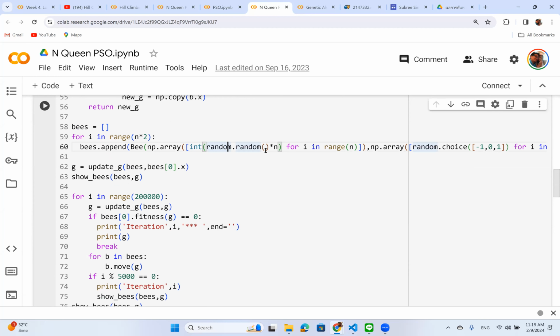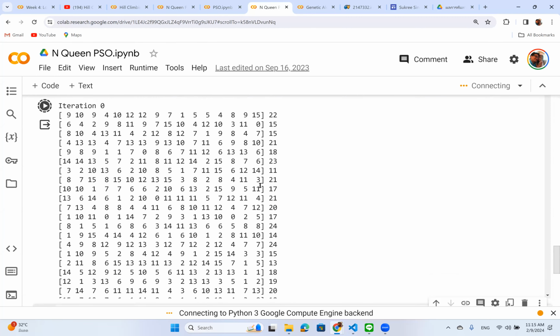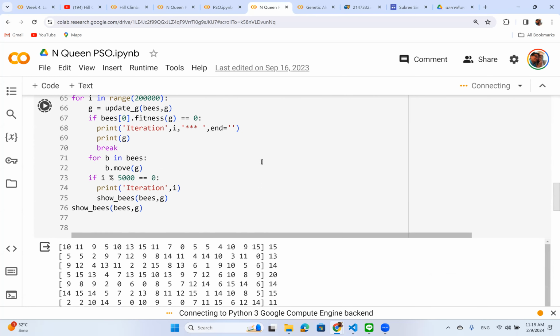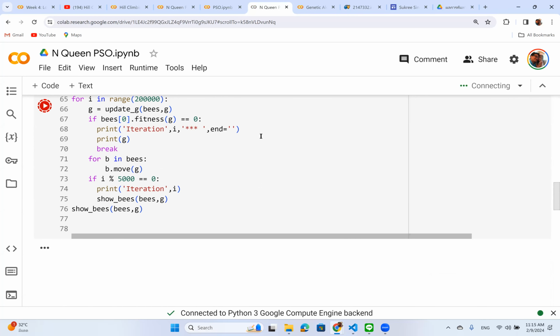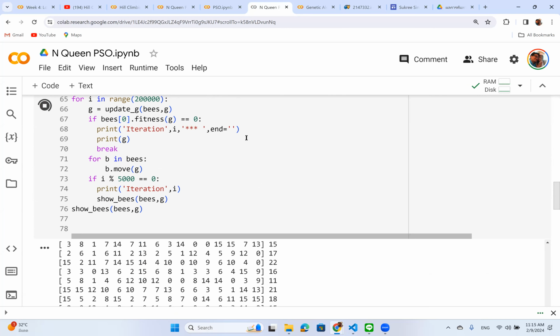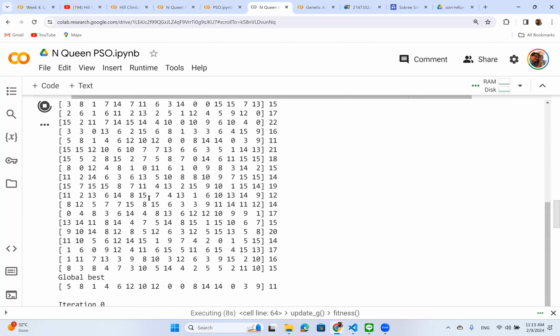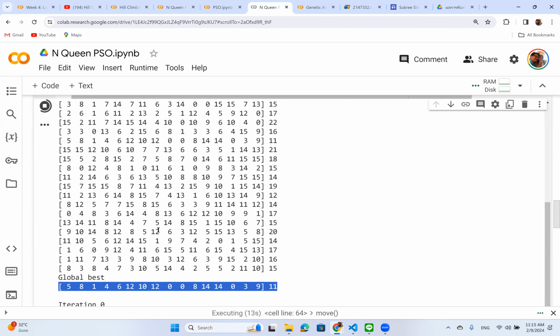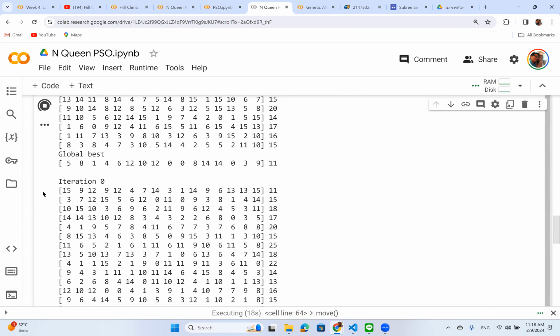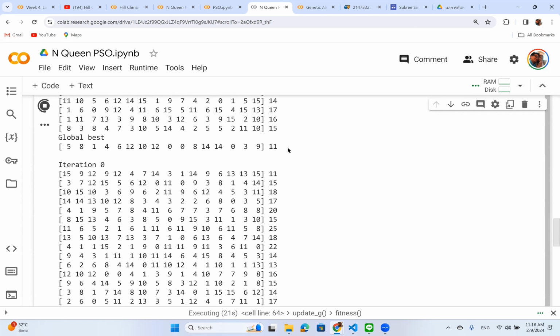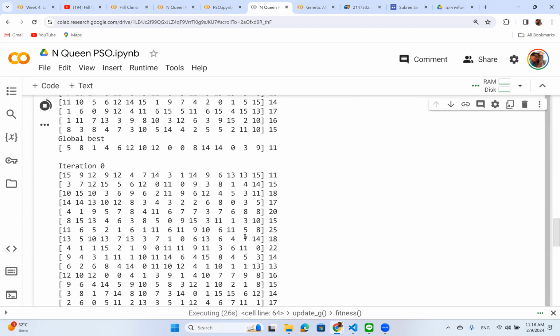Look at this. I didn't write the code to show on the screen because it's quite difficult to show 16 dimensions, right? I just print the global base on the screen. This one is the first generation. The global base is 11.